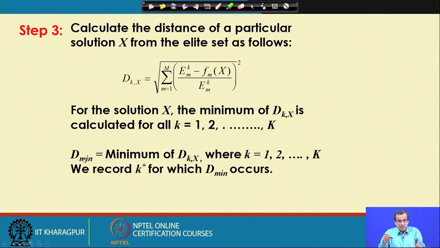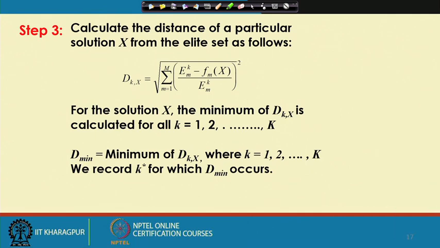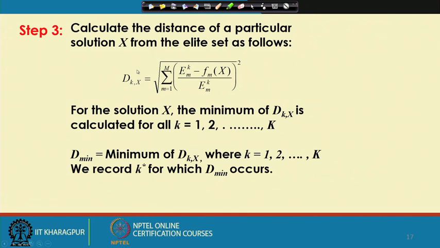Let me take one example. Supposing that I have got 10 such solutions in the non-dominated bin, 1 up to say 10, and I am selecting a particular solution from the initial population that is brought for the purpose of comparison. We calculate Euclidean distance values and I will be getting 10 values for this particular d_kx.